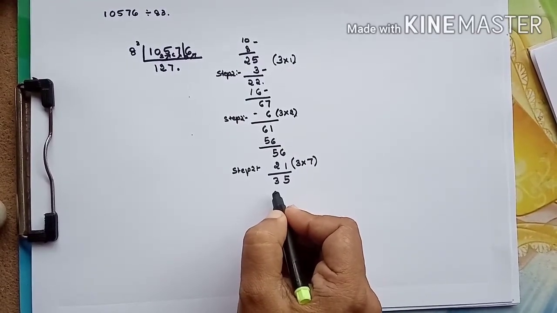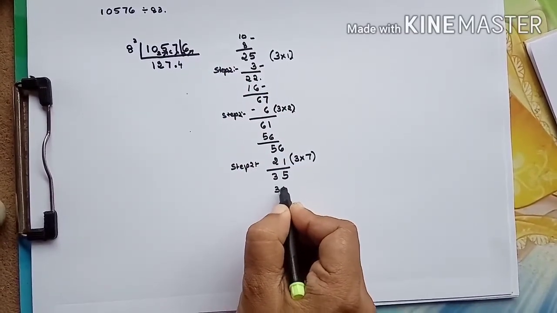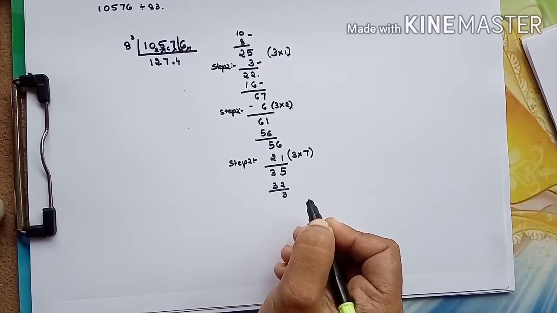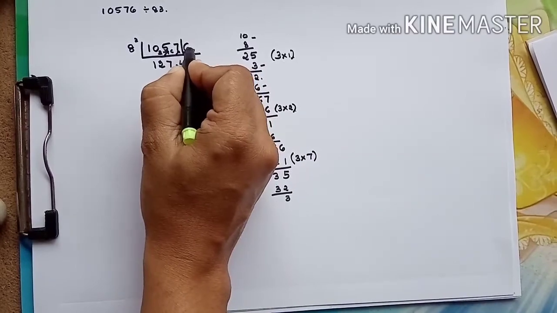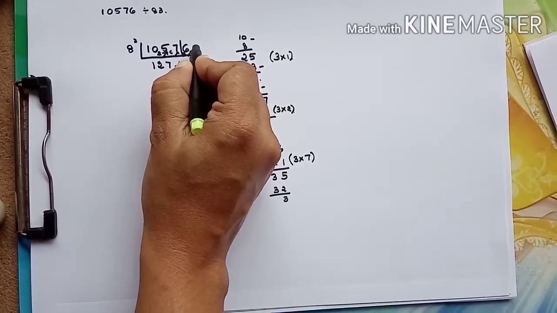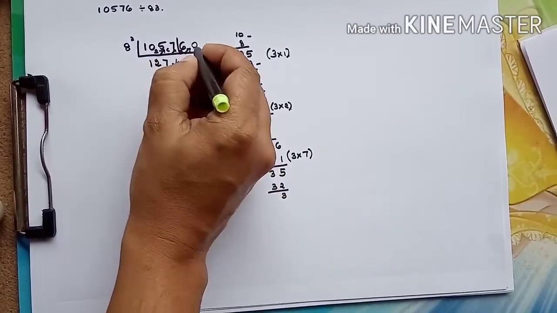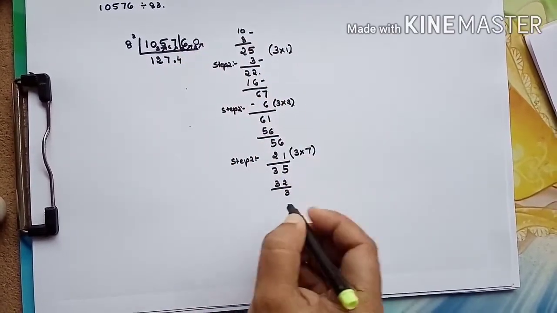Now divide by 8. 8 4s are 32. 3 is the remainder. Now you see, whenever you cross the decimal point and there is no unit place next, you have to add a 0 over there. You should remember to add a 0 since it is after the decimal point.